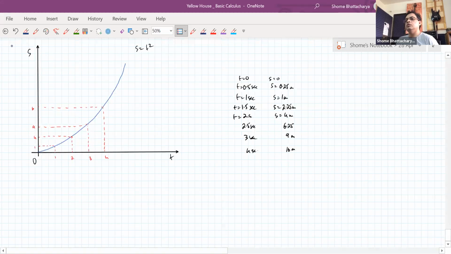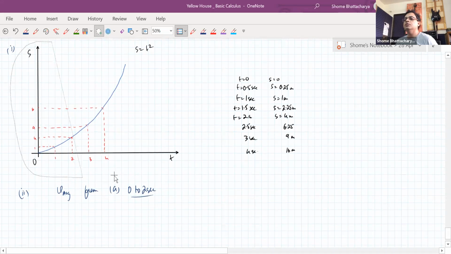So now this part we want to calculate: the average speed from 0 to 2 seconds. That is, we have to make a secant line. We can calculate it by formula also, but I want to do the geometrical representation here.